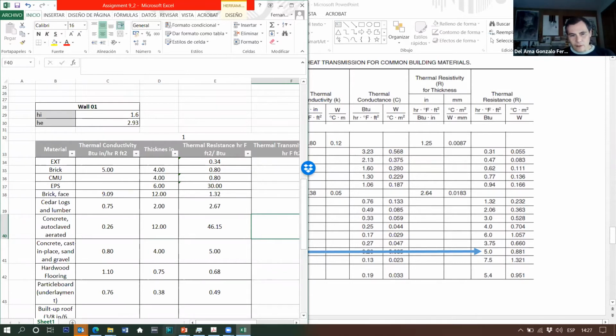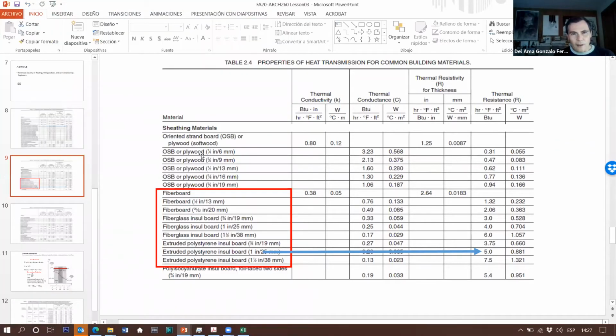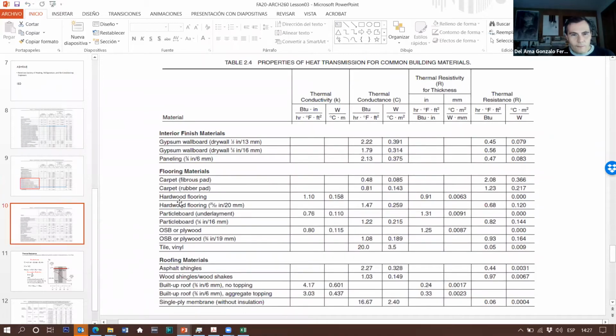Finally, the last element is the drywall. So do we have drywall? We have the drywall here. This is 1/2 inch. We don't have thermal conductivity, but we do have thermal resistance, 0.45.